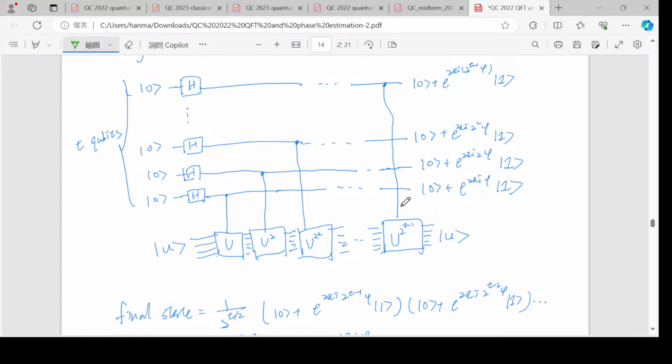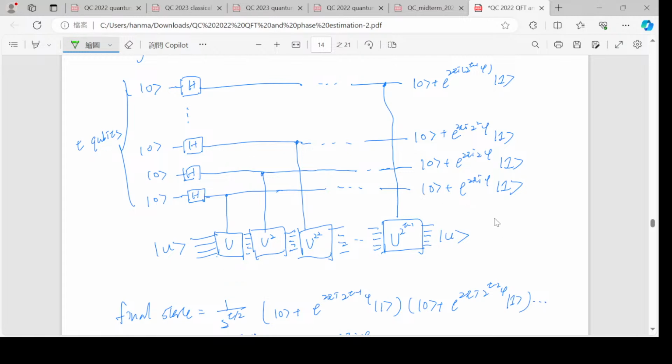But we also do phase kickback on the other qubits. On the second qubit, we control on it and we do U squared. That's why we say we need to control U to the 2 to some power. If U squared, we still do phase kickback, so we can think about U squared as another unitary.